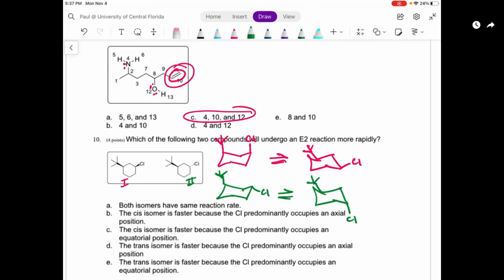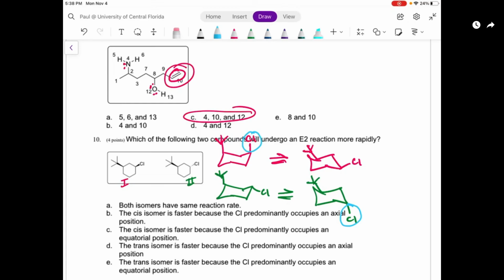Something like that. Okay? Now, what's the requirement for an E2 reaction in a ring? Antiperiplanar. And in order for that to occur, the leaving group has to be in the axial position. So that's axial and that's axial.